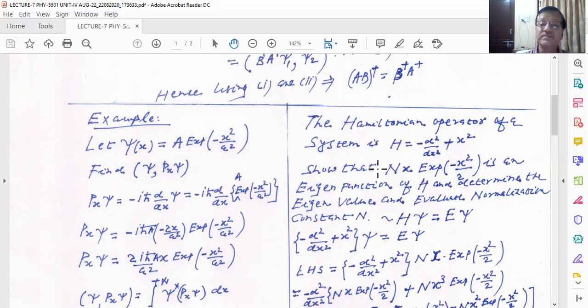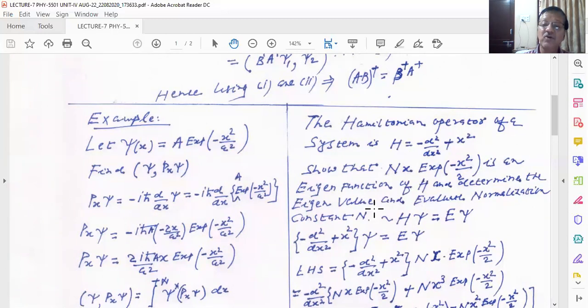Show that this function, N x exponential of minus x square by 2, is an eigenfunction of your operator H. This is the operator H, and the problem asks that this function of x, N x exponential of minus x square by 2, is an eigenfunction of the Hamiltonian operator.